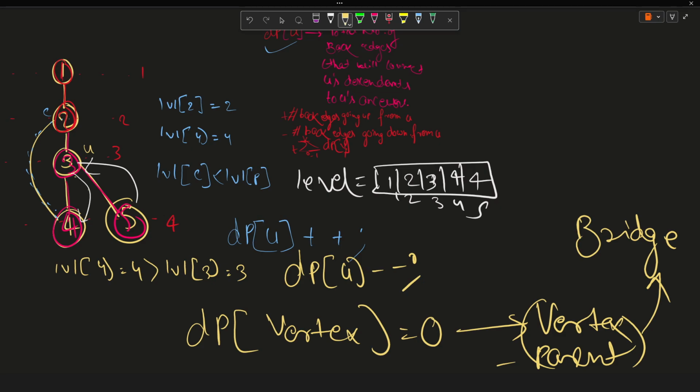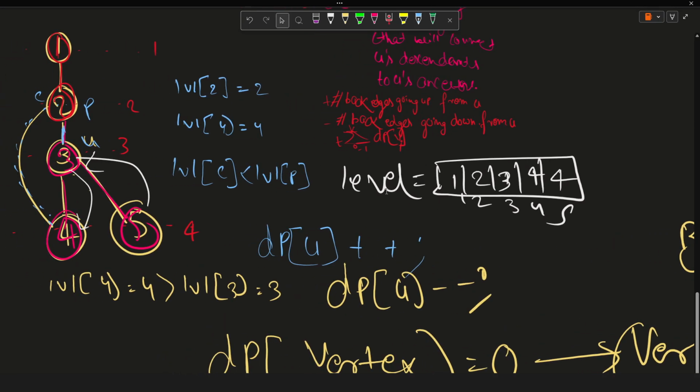On removing that edge, the two ends of the bridge should not be connected by any other edge. And these two will only be connected if some back edge was present. But if the dp of the vertex is 0, that is no back edge is present, it means that this u and p will not be able to connect via any back edge, and thereby we can say that this link between u and p is a bridge.